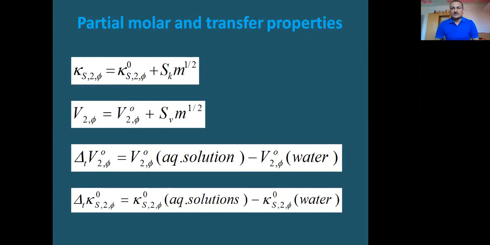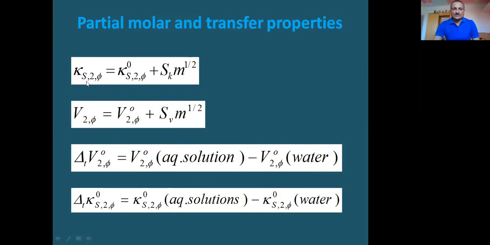Now, it is generally observed in the case of many electrolyte and non-electrolyte solutions that the partial molar volume and compressibility are determined from the linear dependence of the apparent molar properties on the square root of the concentration, as shown in these two equations. For example, the apparent molar volume changes linearly with the square root of the concentration and gives this linear equation.